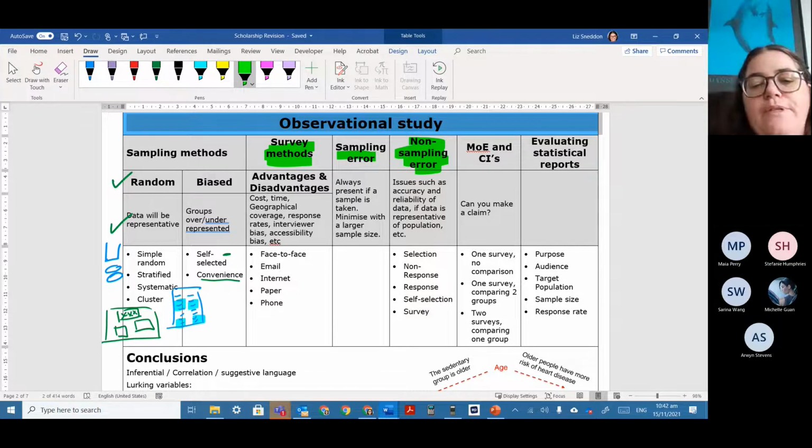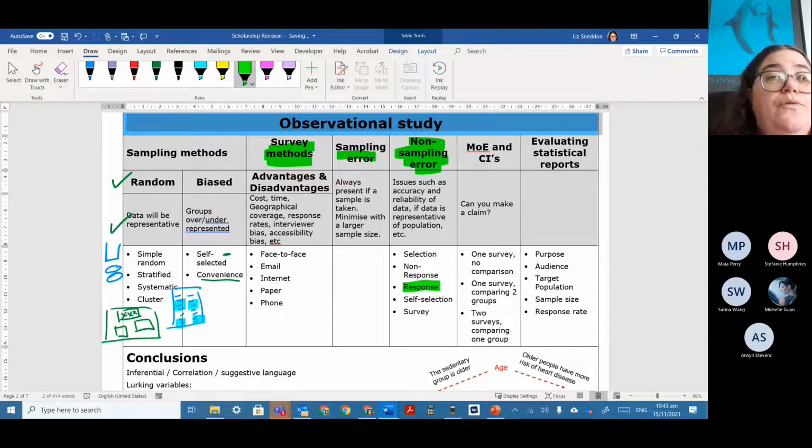So I can, for example, look at response error. That response error is about people giving me truthful answers. So when I write my questions and choose my survey methods, I can try to choose methods that are going to get me the most truthful answers. If it's a sensitive topic, I might want to do more face-to-face interviews.